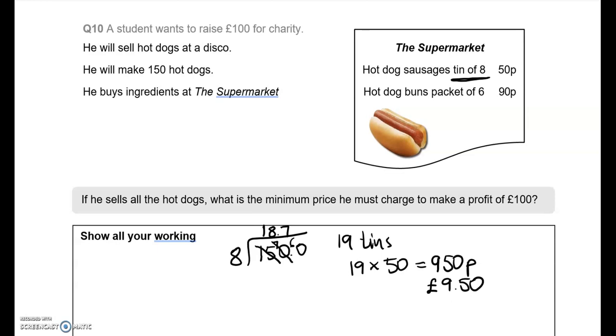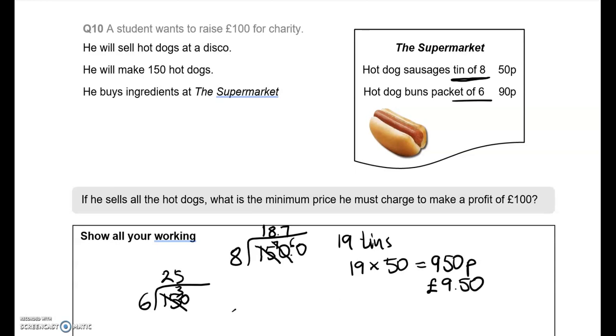Now we've got to work out how many packets of hot dog buns. They are in packets of 6, so we're going to go 150 divided by 6, and you could do this with a calculator as well. So that would be 2 lots, 12, 30, 25 of them.